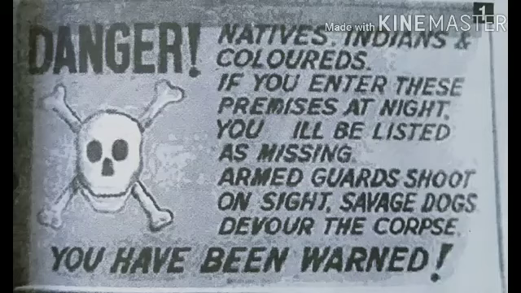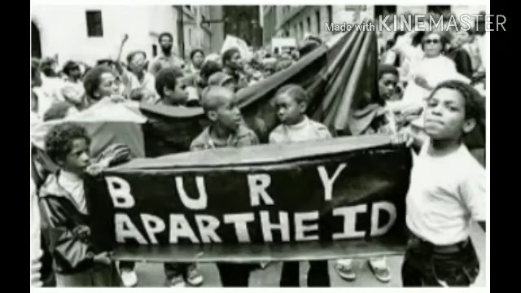The notice was, Natives, Indians and coloreds, if you enter this premises at night, you will be listed as missing. Armed guards shoot on sight. Savage dogs devour the crops. You have been warned. This type of notices were very common in South Africa.